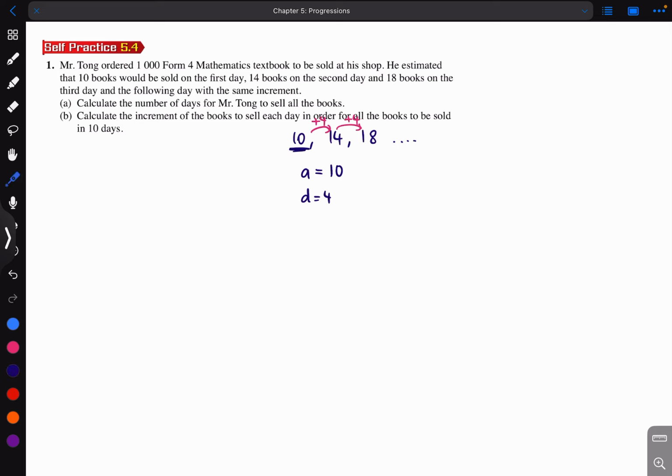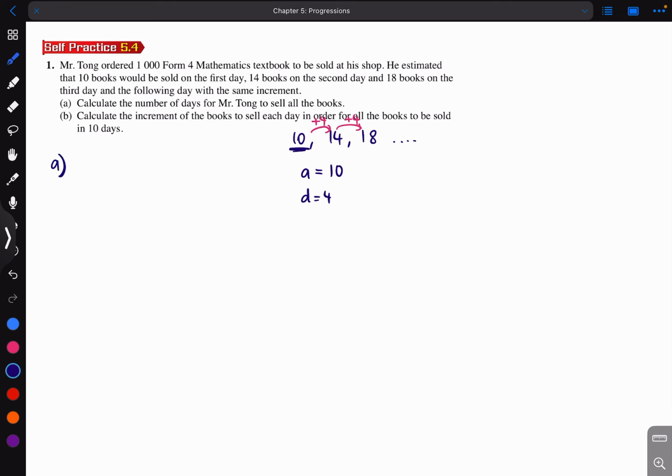Right. Question 8. Calculate the number of days for Mr. Tong to sell all his books. Okay. So he's selling 10, 14, 18, and so on. We need to find the number of days where he is able to sell all 1,000 books. So maybe if you add all these, you sometimes won't get exactly 1,000.